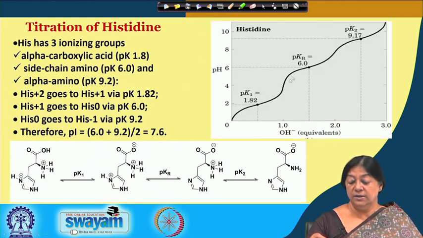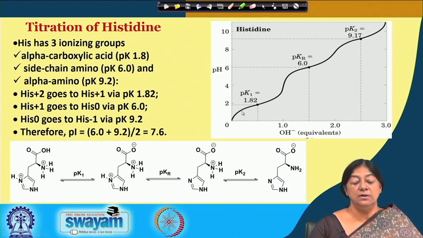We have here the histidine titration curve. So, based on an understanding of the titration curves and what forms of the molecule are present, we can actually determine the PI values of the amino acid residues. So, we can consider the PI of a normal, what do we mean by a normal amino acid? One that does not have any ionizable group.